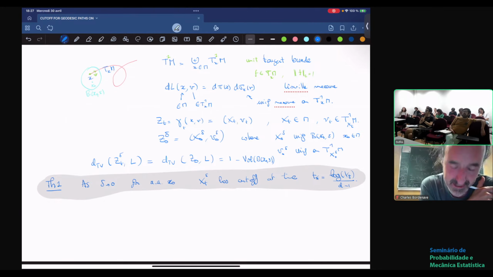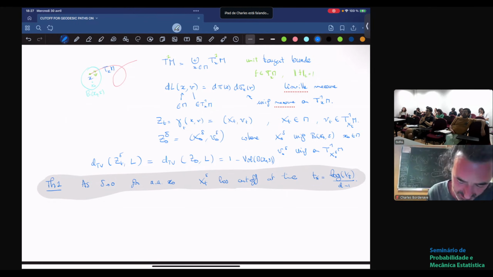I think it's an artifact of the proof, but this is mostly a belief. They could be, for example, some part of your manifold which is very pinched, where you would have a geodesic of very small length. But even if you start from one of these very bad points, you will leave them pretty fast. Since the cutoff time is like log of 1 over delta, you should not see them. So I think it's an artifact.